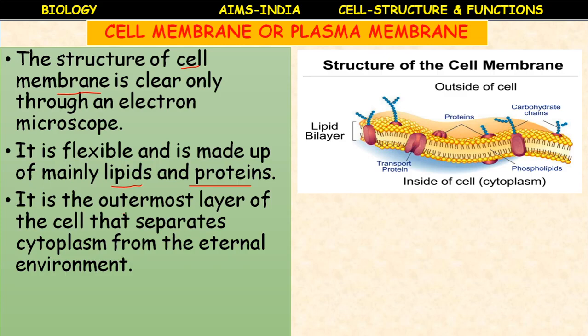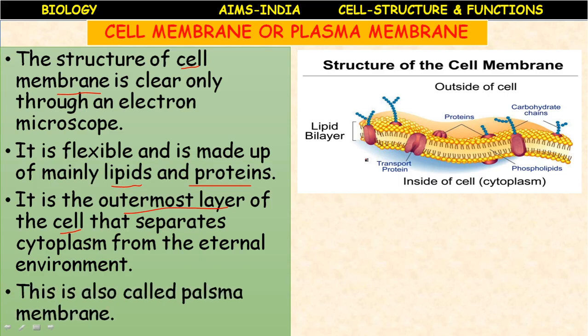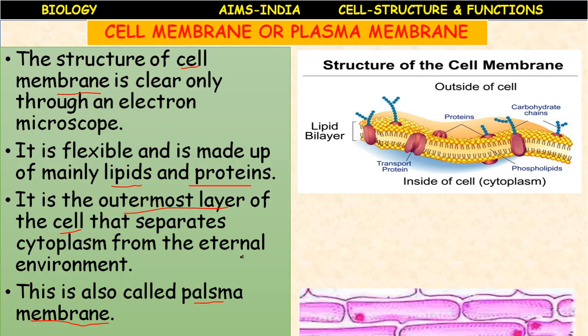The outer layer of cell that separates cytoplasm from the external environment. This outer side of the cell membrane separates the cytoplasm from external environment. This is also called a plasma membrane. The cell membrane is also called as a plasma membrane.